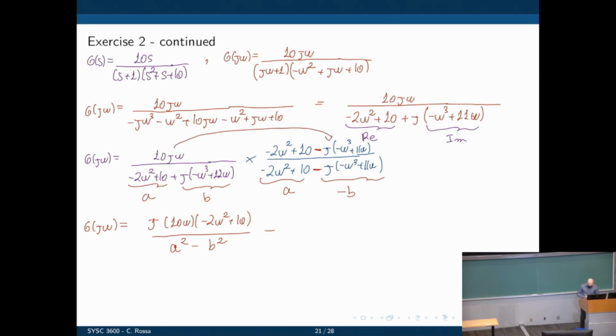We have 10j times j. That's negative. So j times j is negative 1. We have then positive 10 omega times omega minus omega squared plus 11 omega, divided by a squared minus b squared.